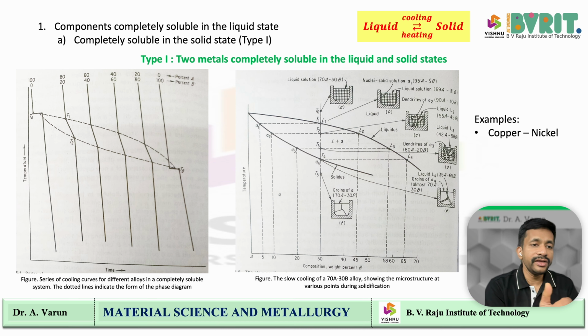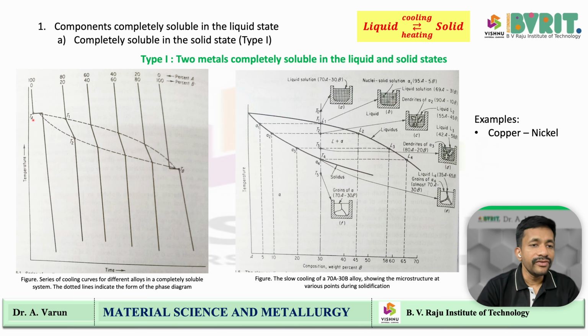If A is 100, it means 100% A, which is pure A. On the other extreme, when B is 100%, this is where B is pure, like a pure metal.